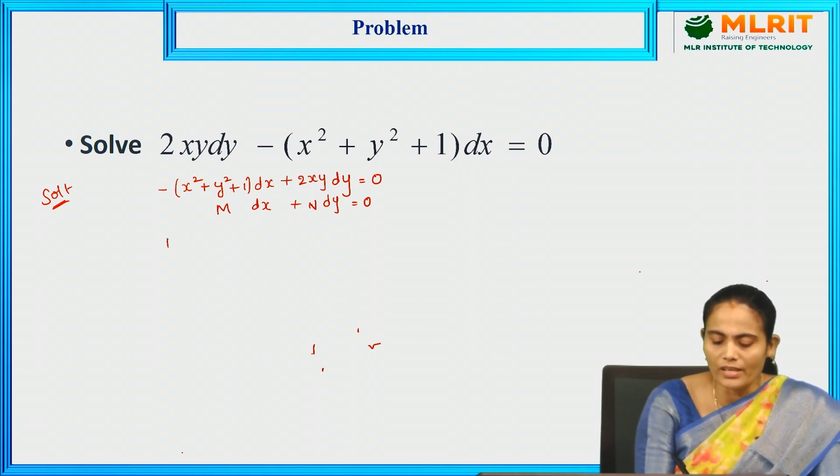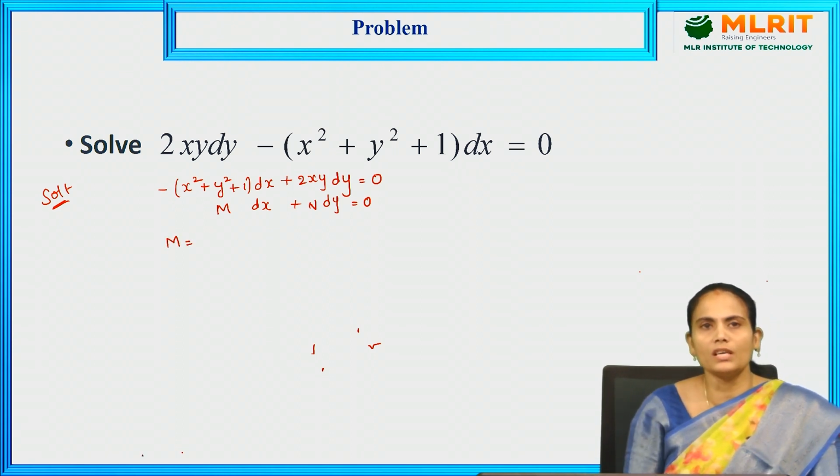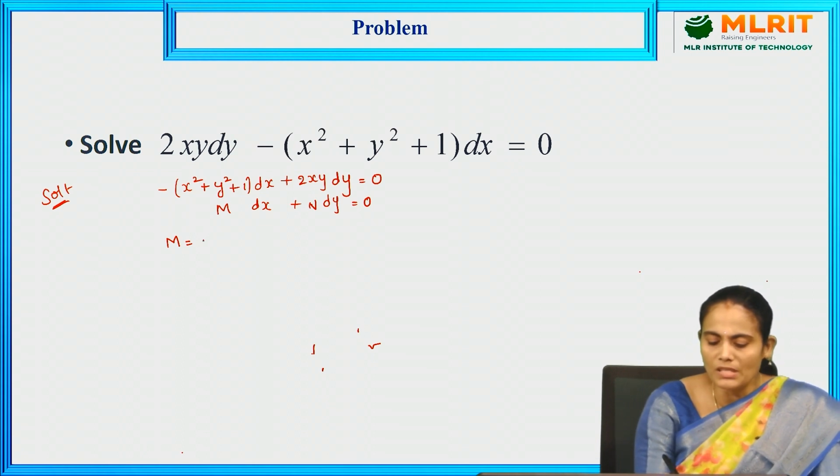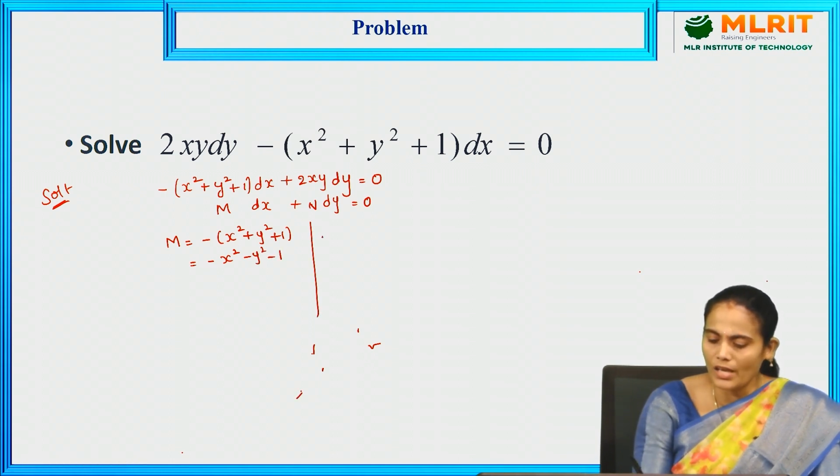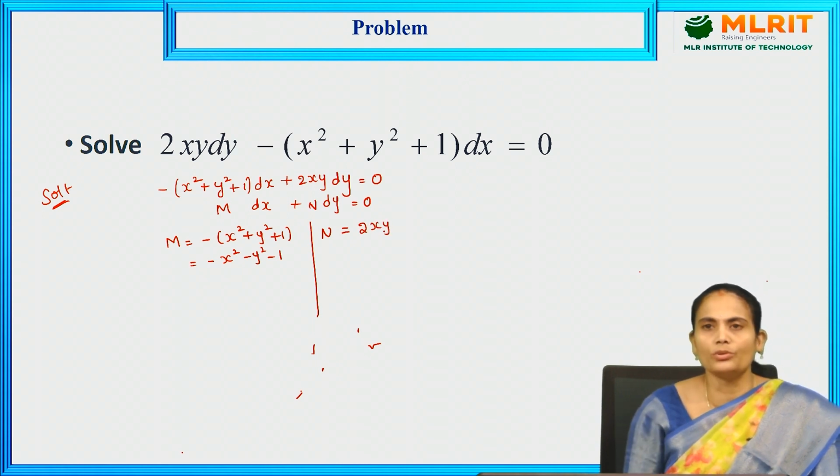Now write the functions M and N. Here M is minus x square minus y square minus 1, and N is 2xy.